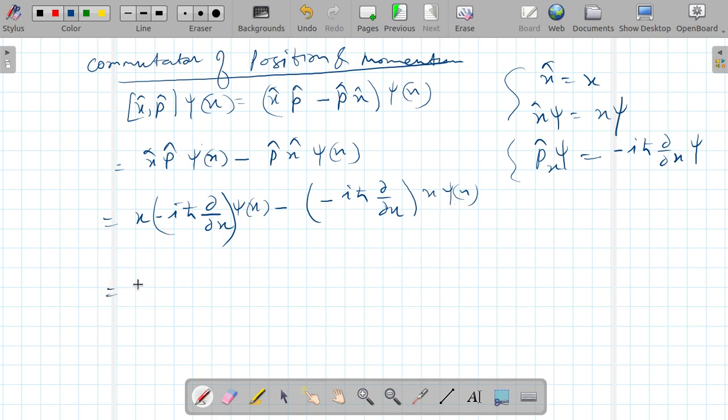So here it can be written as minus x, and i h-bar can be taken outside. So if I take i h-bar outside, it is x del psi(x) over del x with a negative sign, and here minus will be positive, so it is del over del x of x psi(x).